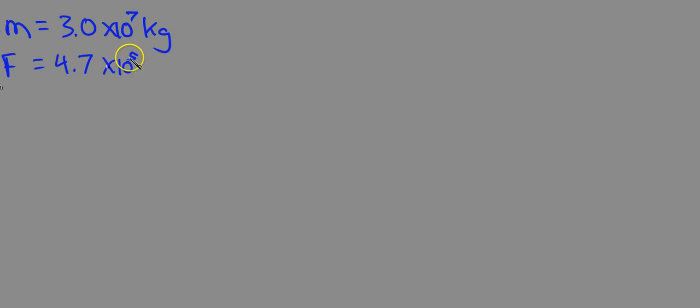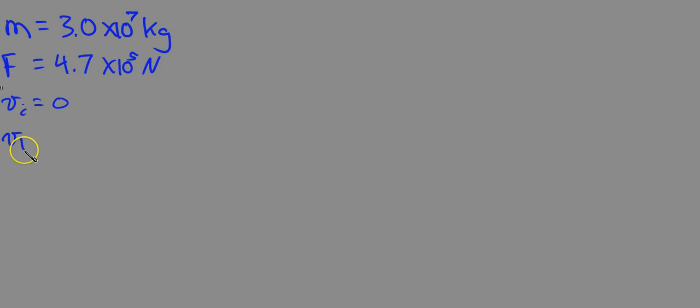So first thing I'm going to do is write down all my information. My mass here is 3.0 times 10 to the 7 kilograms, which is the unit that I want it in. My force is 4.7 times 10 to the 5 newtons. My initial velocity I know is 0.